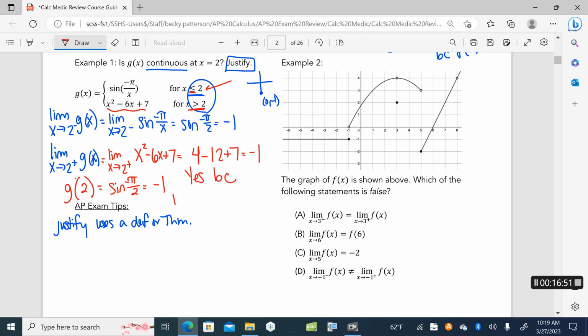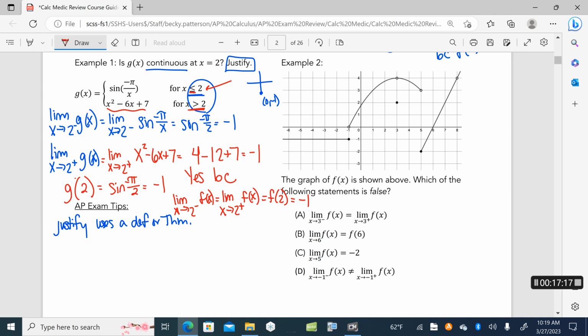because the limit as x approaches 2 from the left of g of x equals the limit as x approaches 2 from the right of g of x, which equals g of 2, which all equals a negative 1.